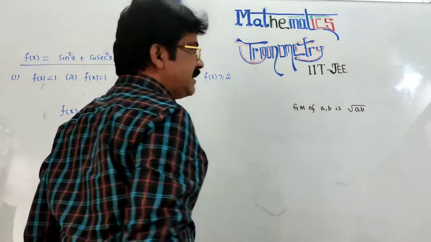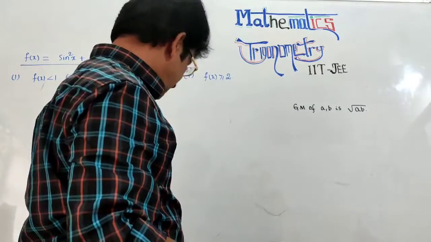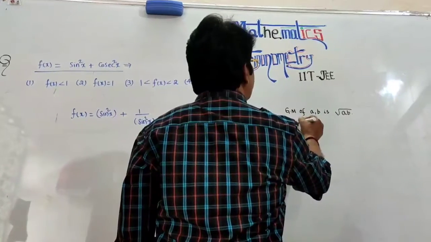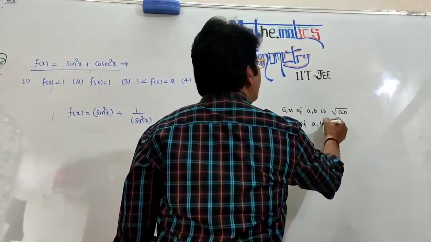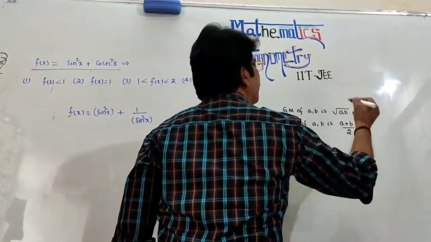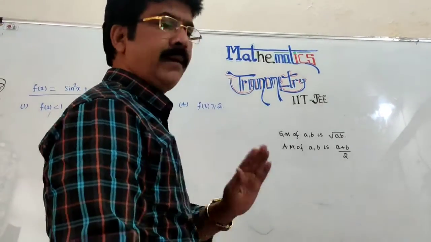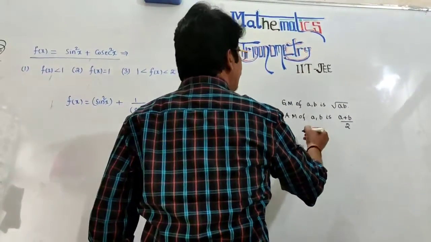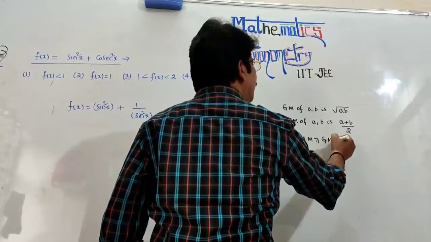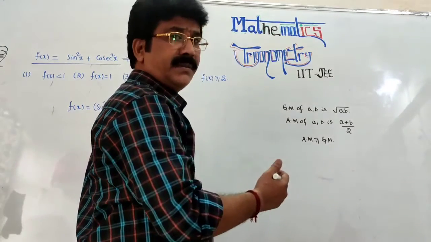Already I explained about geometric progression, GP. Right. Let's do arithmetic mean. Arithmetic mean of a comma b, arithmetic mean is the average of two numbers, a plus b by 2. Okay, 1 minute. Actually, for any two numbers, arithmetic mean is always greater than or equal to geometric mean. You can take any type of numbers.